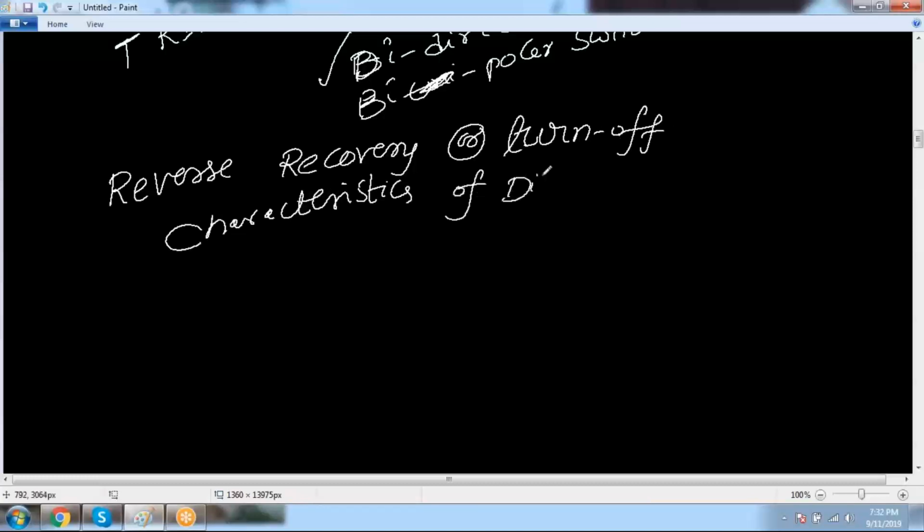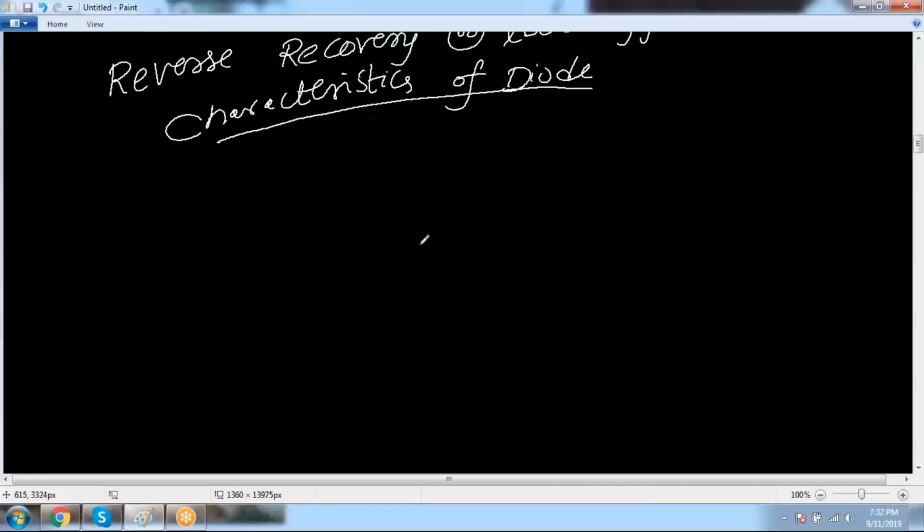What diode? Because it is power electronics, every time diode means assume that it is a power diode only. The only difference is a minor difference in the construction.